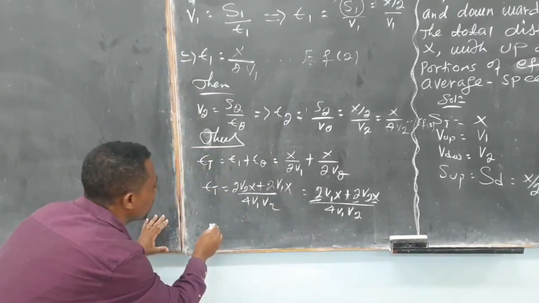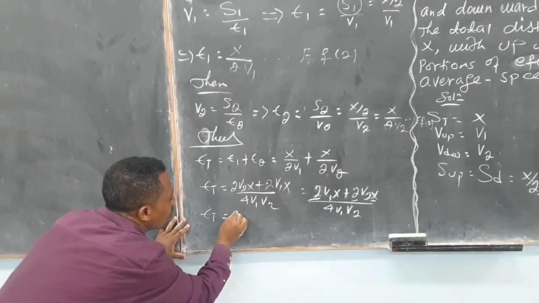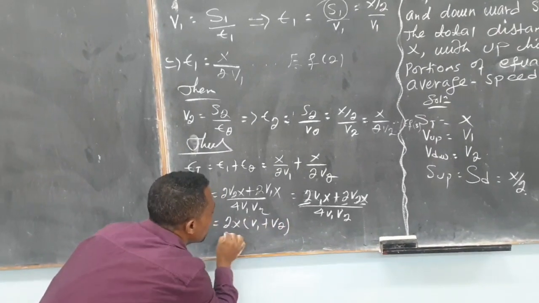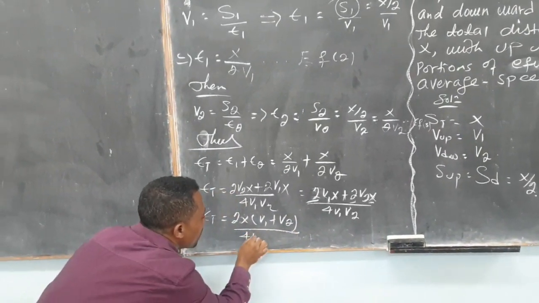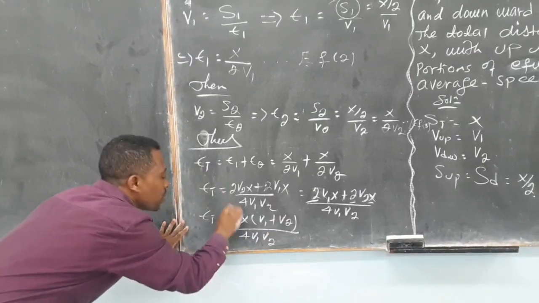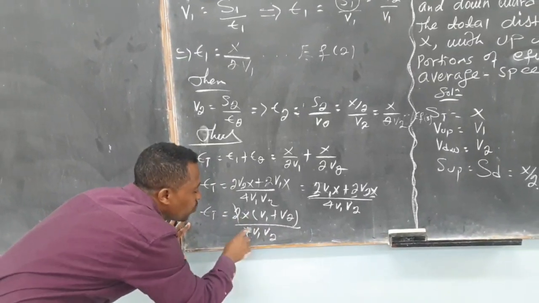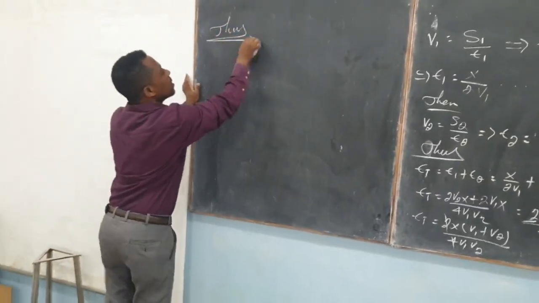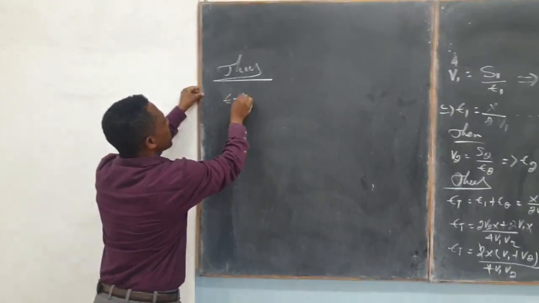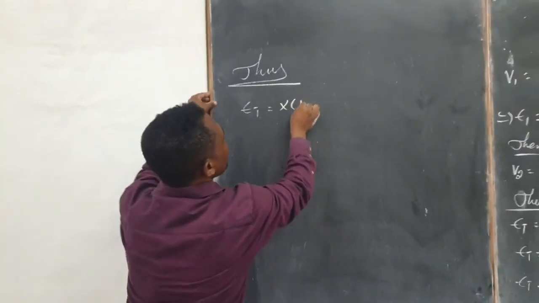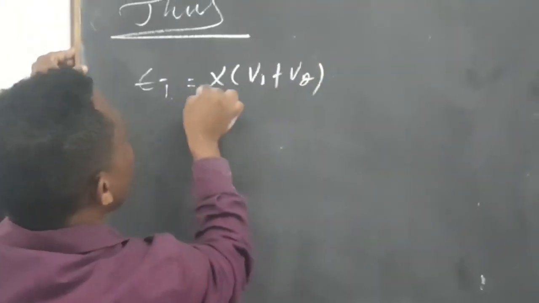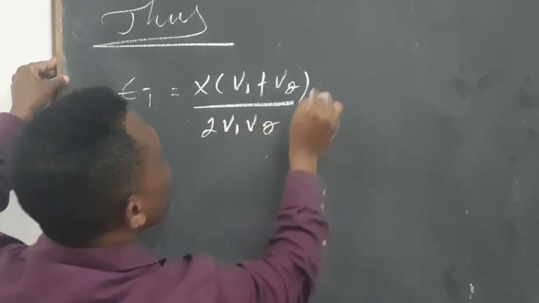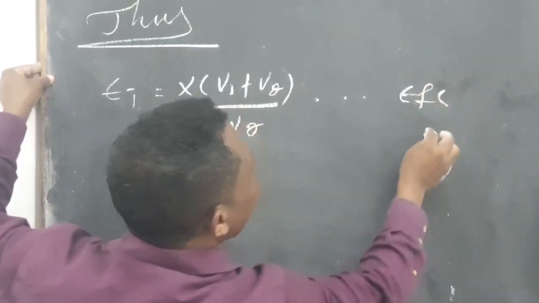Just take it out. Then t total becomes twice x into v1 plus v2 over 4 times v1v2. Simplifying by 2, t total becomes simply x into v1 plus v2 over twice v1v2, which is equation 4.